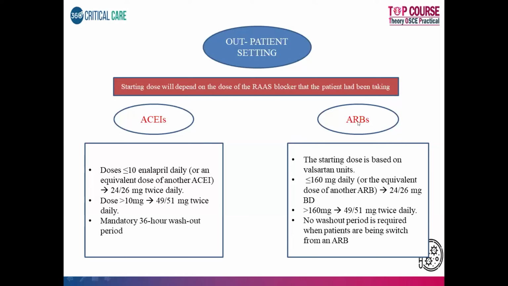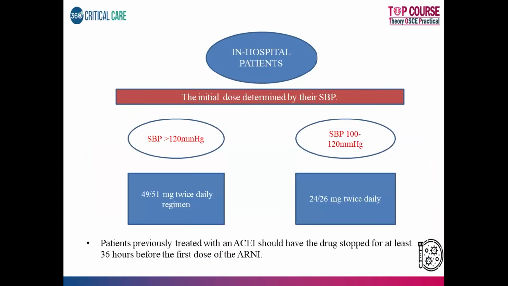Suppose the ARB dose is less than or equal to 160 mg daily, then you have to start Vymada as 50 mg BD. But if the dose is more than 160, then it should be started as 100 mg BD, and there is no need of a washout period if the patient is already on ARBs. You can start the ARNI directly.